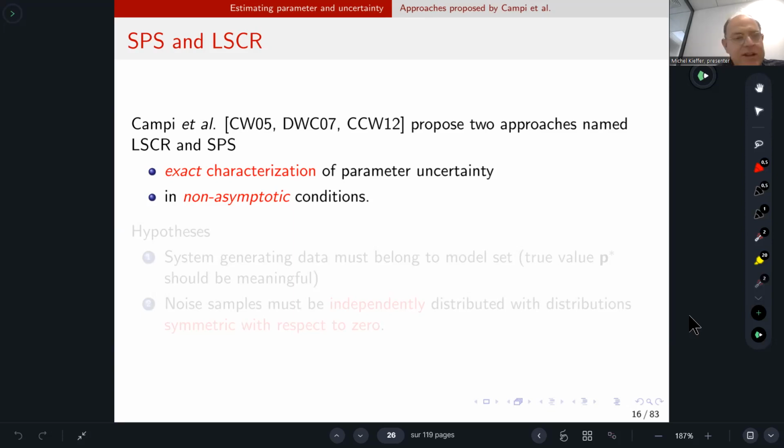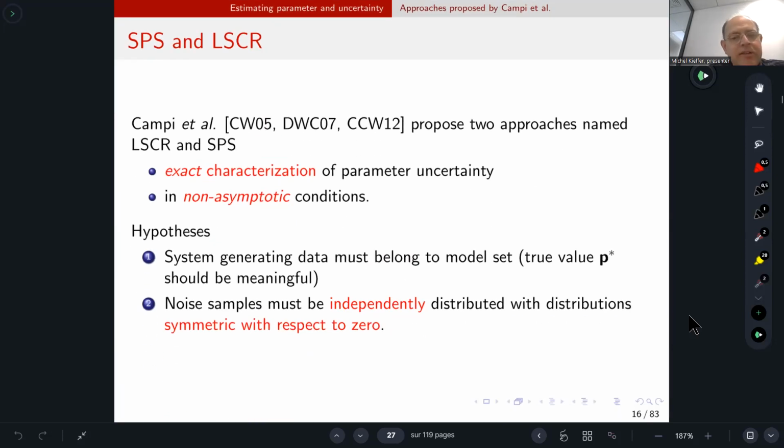And the main advantage of this is that these approaches rely on relatively mild hypotheses on the noise and on the system. The first hypothesis: the system which generated the data must belong to the model set. So the true value here should be meaningful. And we assume also that the noise samples should be independently distributed with a distribution which is symmetric with respect to 0.